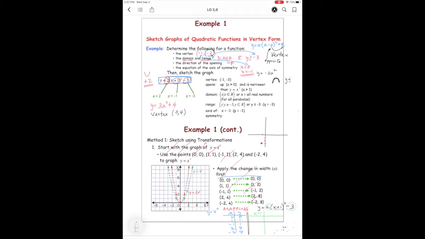These guys are outside the brackets, so they affect the y. So it's 2y, because this is timesing the y, and subtracting 3.